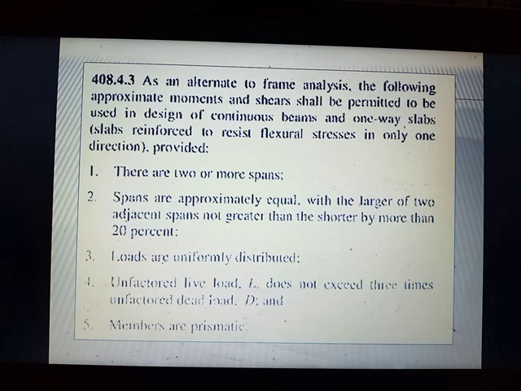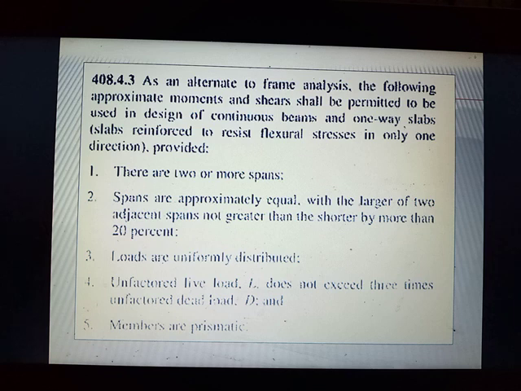As an alternate to frame analysis, the following approximate moments and shears shall be permitted to be used in design of continuous beams and one-way slabs.